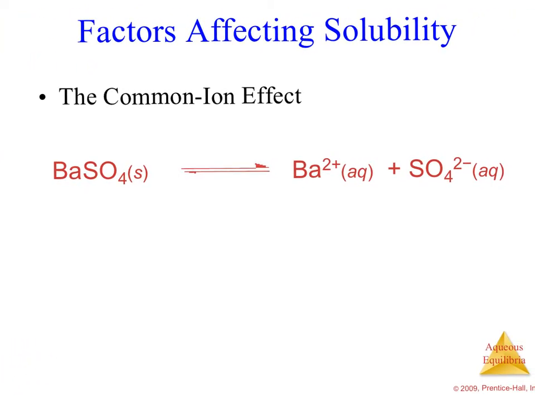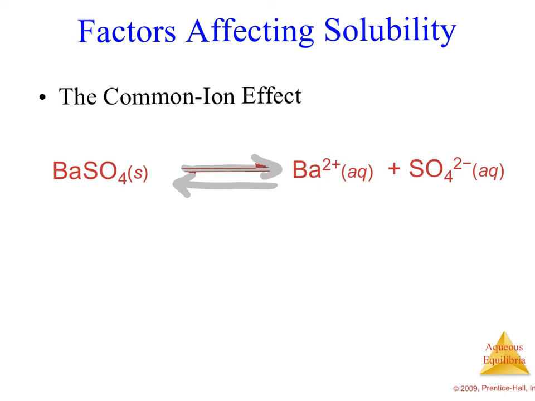Another factor affecting solubility is the common ion effect. So this again is our equation for barium sulfate. We're getting our Ksp reaction for barium sulfate, which is insoluble in water, dissolving into the ions. Again, we're focusing on the very small amount of the ions that will indeed be aqueous.